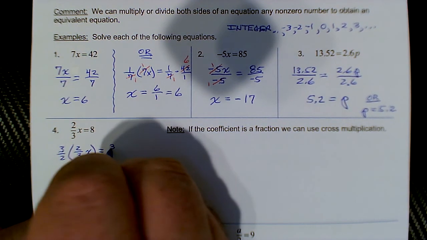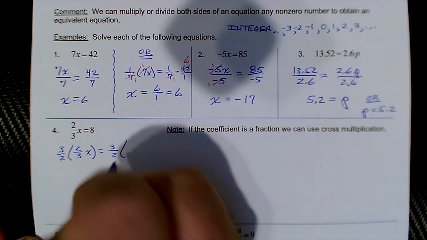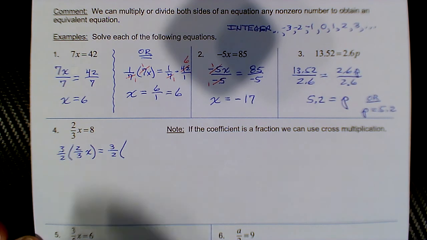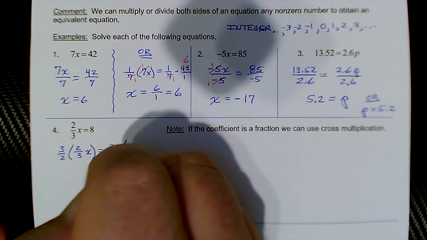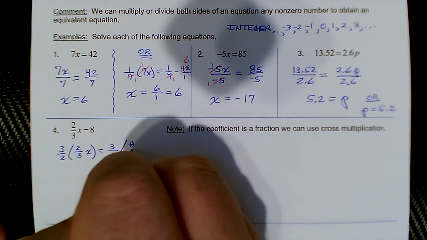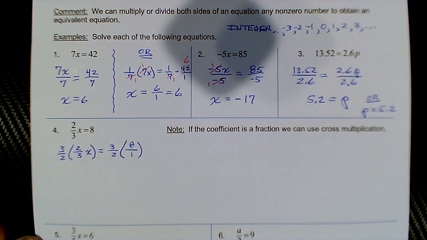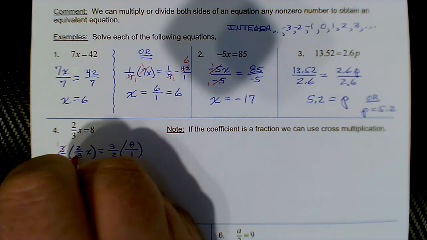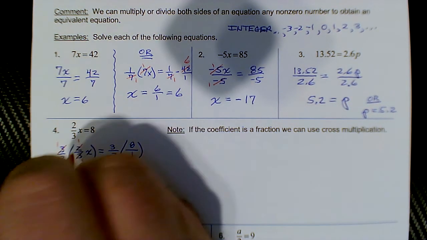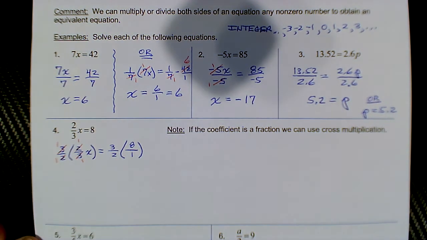Notice how I'm putting the 3/2 in front of the quantity on either side. And since this is a whole number on the right, or an integer, I'm going to write it as a fraction by putting it over 1. And now on the left hand side, we get the cancellations. Of course, that's the property of the reciprocal, that the product is 1.